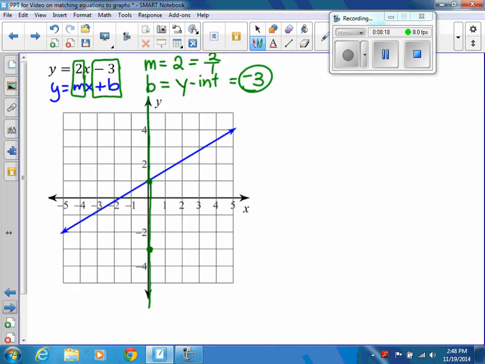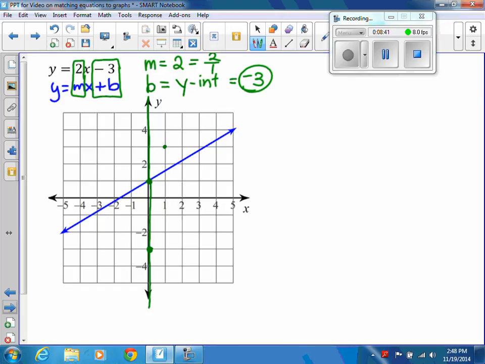Now let's look and see if it also matches with our slope. So just from here, if I was going up 2, I would go up 2, and then, actually, this is already 2. Because this is going, but no, that's going by 1. I'm sorry. Okay, this is 1. Okay, so we're going up 2, 1, 2, and we're going over 1.